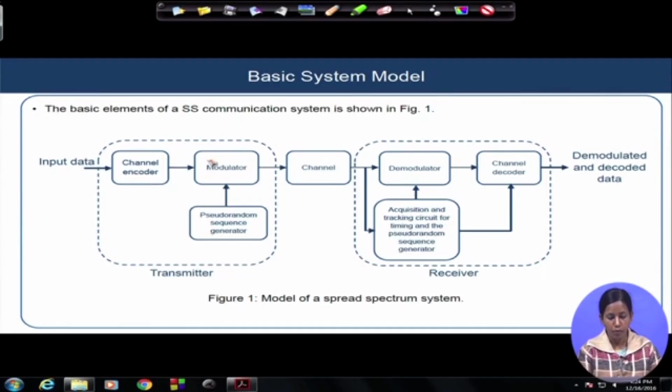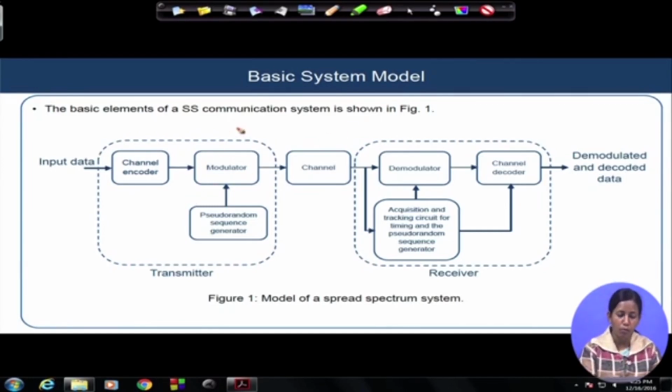Remember, inside the modulator we have both the data modulation as well as the extra modulation that comes from the spreading of the signal. So, data modulation and spread spectrum modulation are both incorporated inside this modulator. For spreading the waveforms, you need a pseudo random sequence, so we feed a sequence here which helps spread the signal.